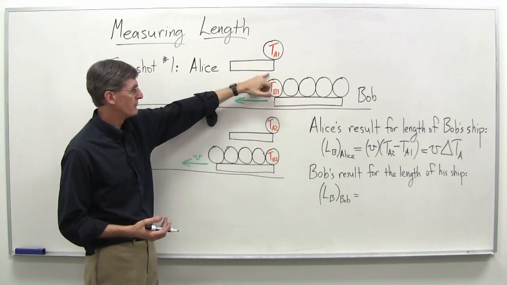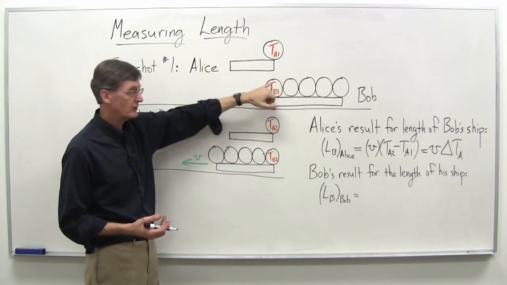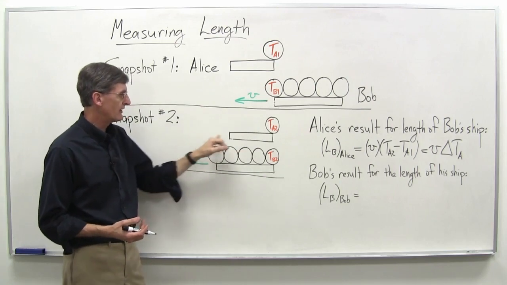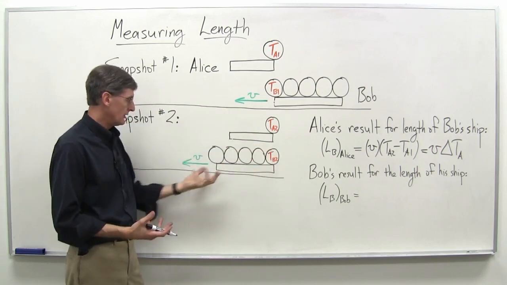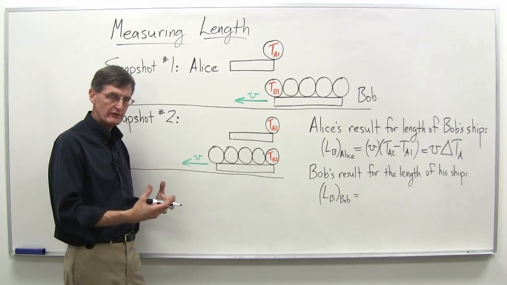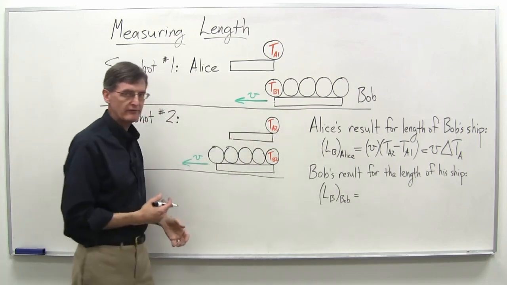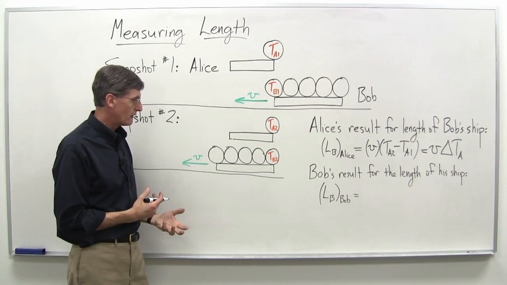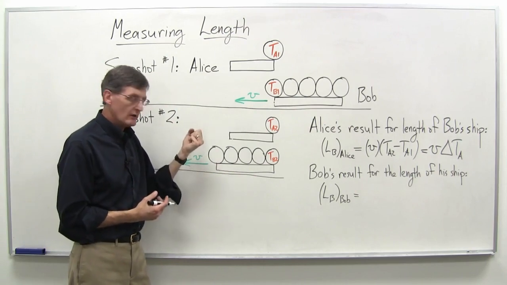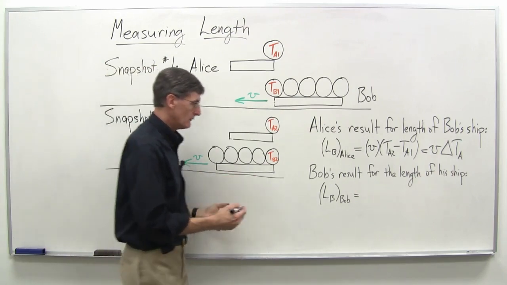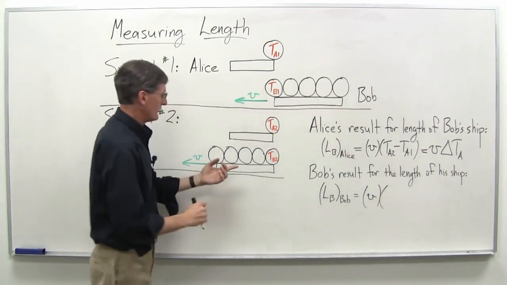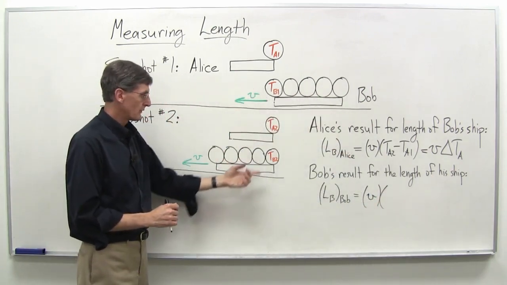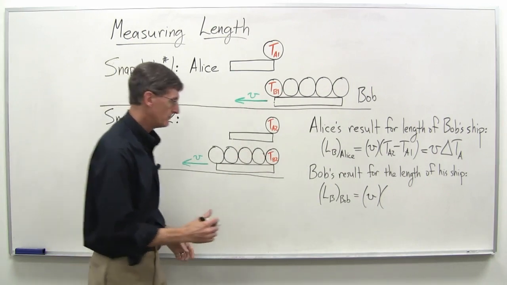So he measures when Alice is at the front of his ship, TB1, and how long it takes Alice to get to the back of his ship at TB2. He's at rest, and Alice clearly is going with velocity v that way. And therefore, again, the length of his ship is going to be v, the velocity, times the elapsed time on his clocks, TB2 minus TB1.